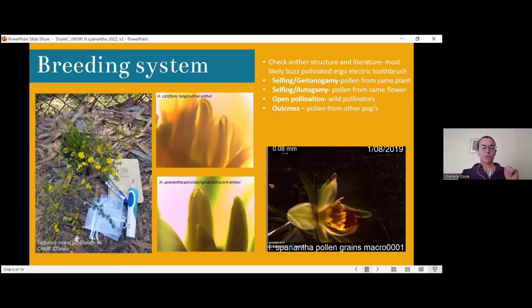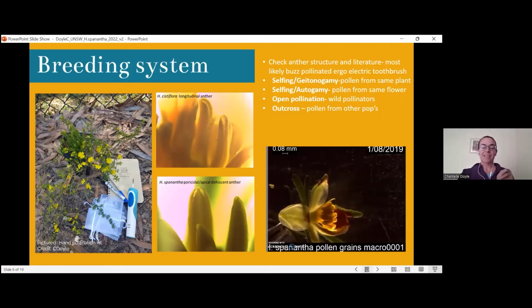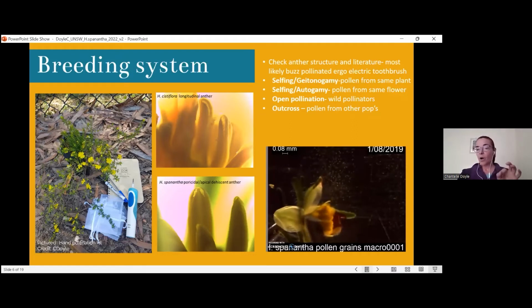I used an electric toothbrush to mimic a buzz pollination. I won't get into the semantics of anther structure. Suffice to say that Hibbertia in theory are buzz pollinated, and part of the reason is that for that poricidal anther, the holes in the top of the anther require vibration.